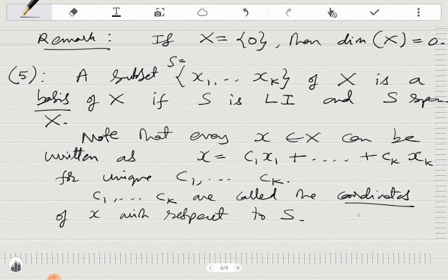The concept of coordinate makes sense only when you fix a basis.